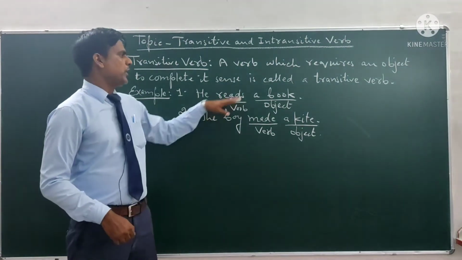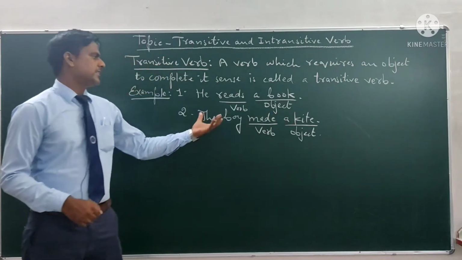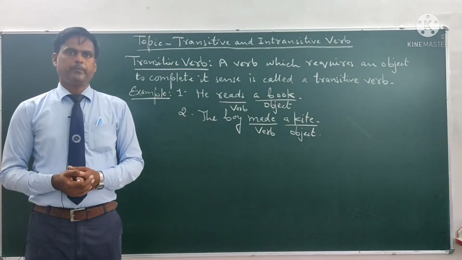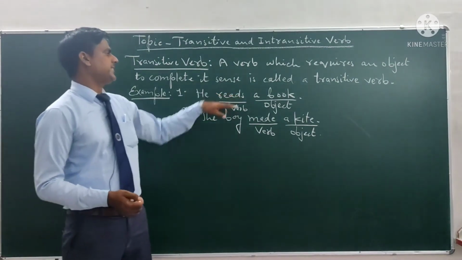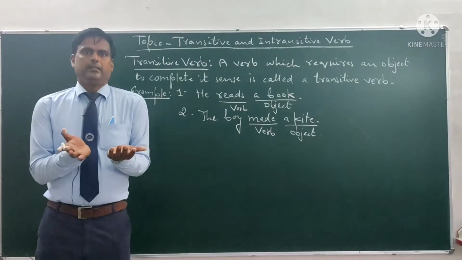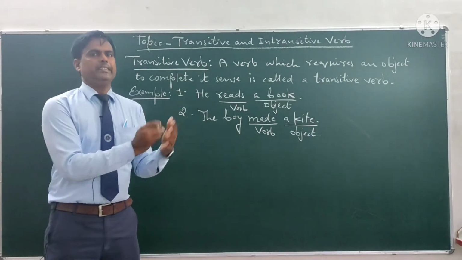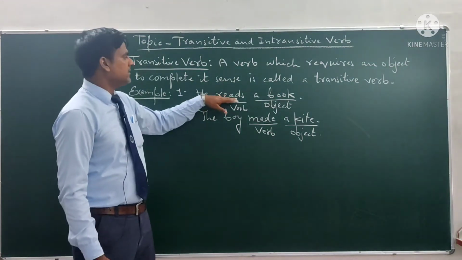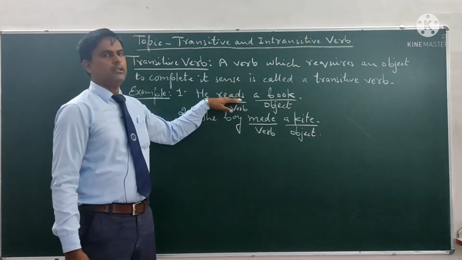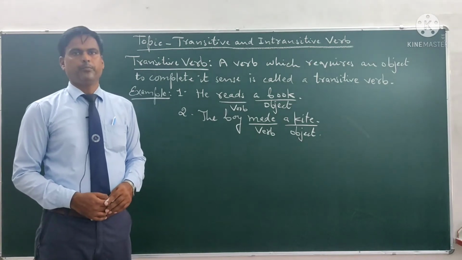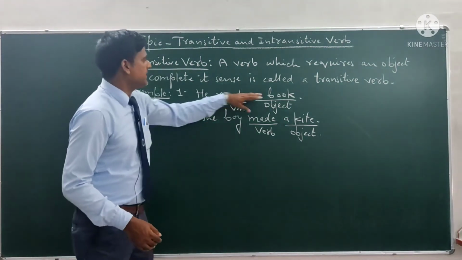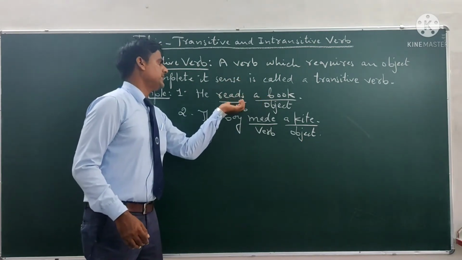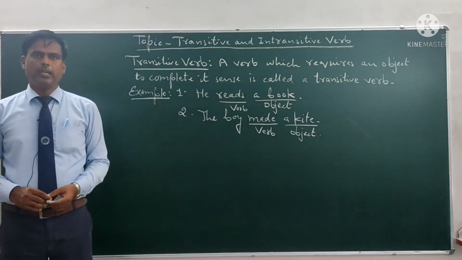But if we add the object a kite, then the sentence is complete. But in the first sentence, he reads, the sentence is complete, somebody is reading. So we can use it as transitive verb or as intransitive verb. But if the verb takes an object, then it means that the verb is transitive verb. Okay?